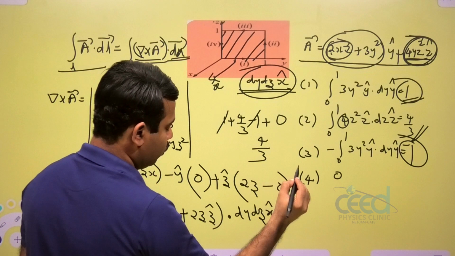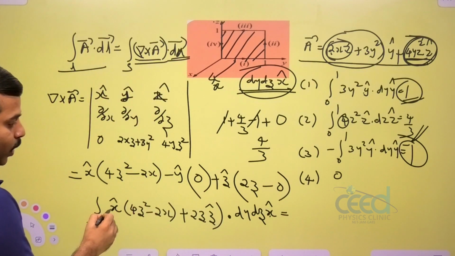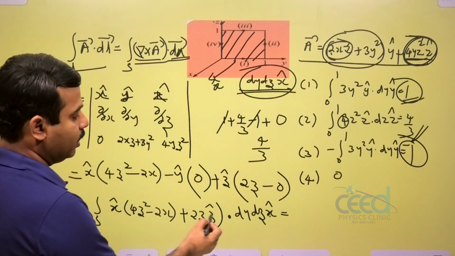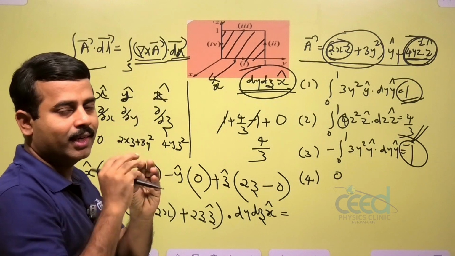Here x cap dot x cap is 1 and x cap dot z cap is 0, because the dot product between different Cartesian unit vectors is 0.